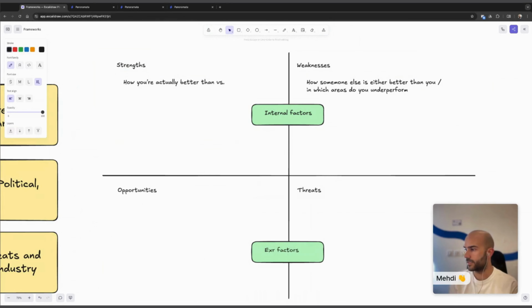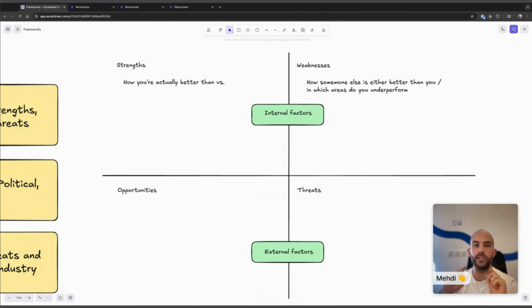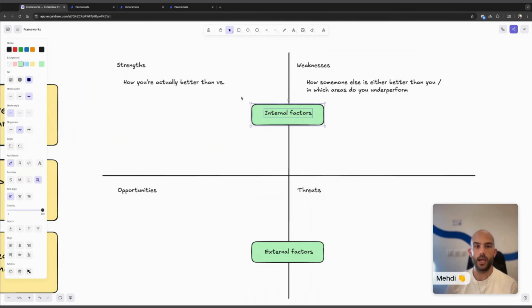So this has nothing to do with your company directly. It's how the environment around you, how the market is moving, is shaping your company and affecting it. Those are things that you can adjust and act on right away. Those are things that might be trickier to manage.